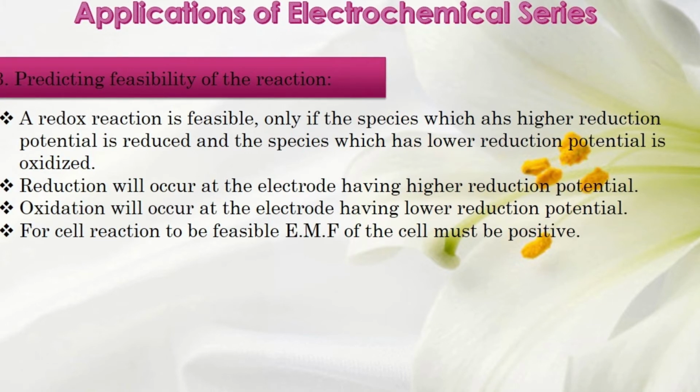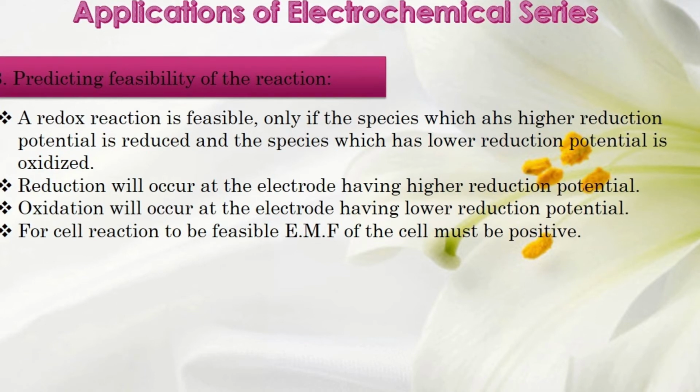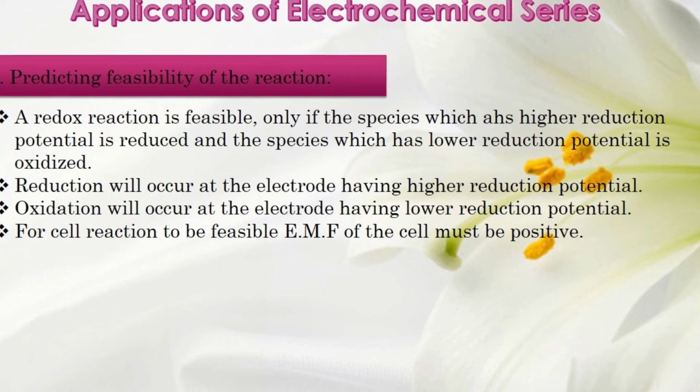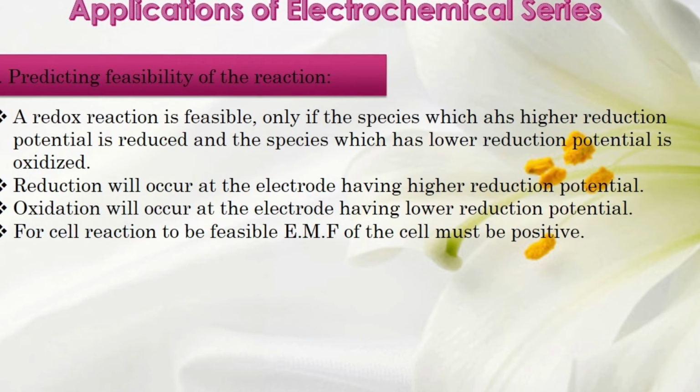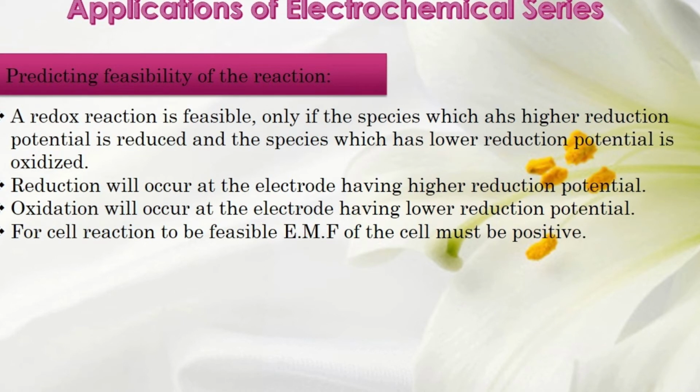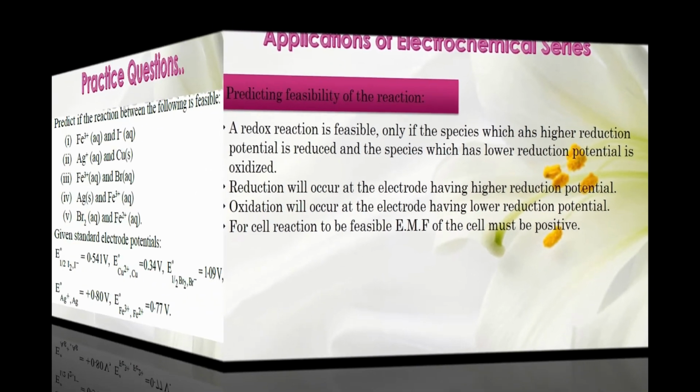The electrochemical series gives the increasing order of electrode potential of different electrodes on moving down the table. This means that the species to accept electrons, that is, getting reduced, must be lower in the electrochemical series as compared to the other which is to lose electrons, that is, getting oxidized.